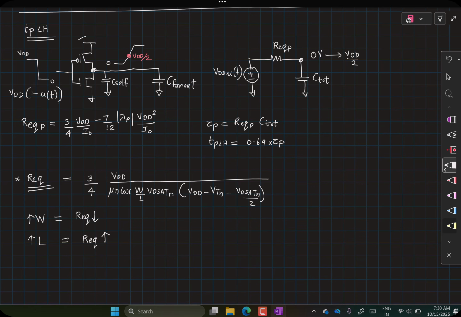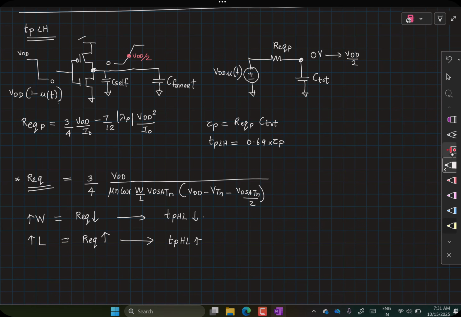Nothing new here. This is what we expect. When you increase a width, you expect the equivalent resistance to reduce, or in other words, you expect more current to be flowing. Therefore, you expect your delay also, so your time constant is also going to reduce, or in other words, the propagation high to low delay is also expected to reduce. When you increase your length, the R equivalent is going to increase and your propagation high to low is going to increase.